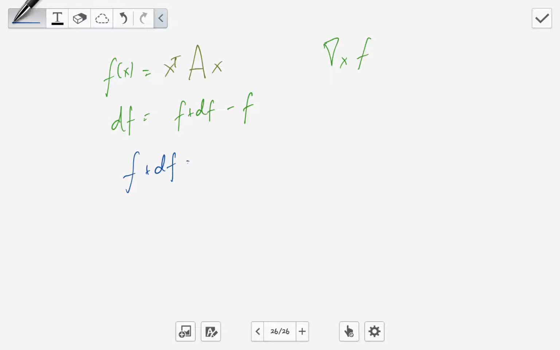f plus df is simply f of x plus dx. Now f of x plus dx is x plus dx transpose A x plus dx.